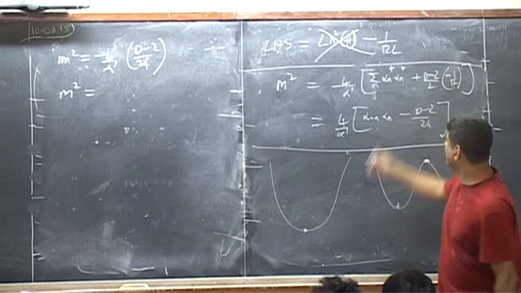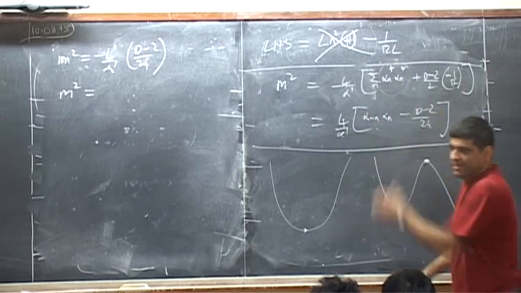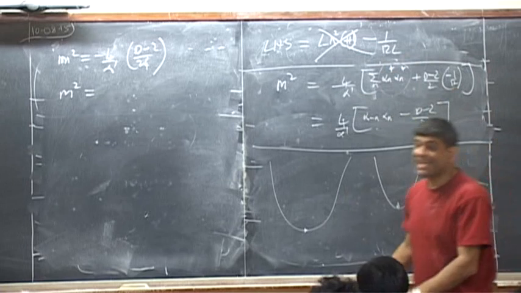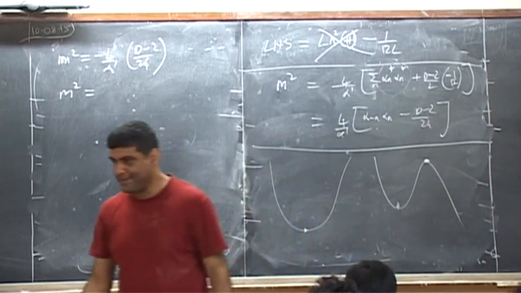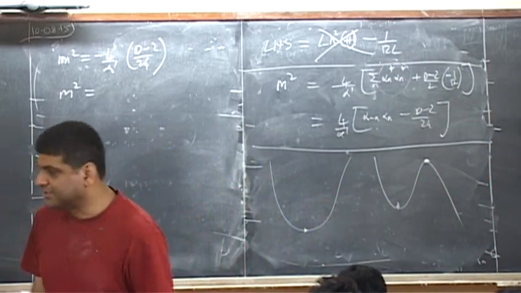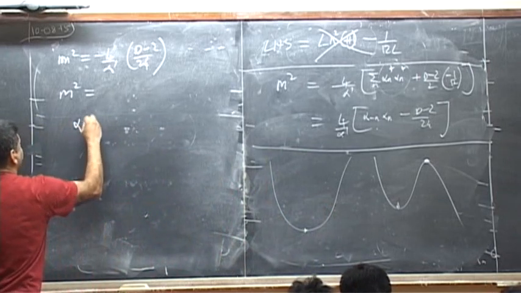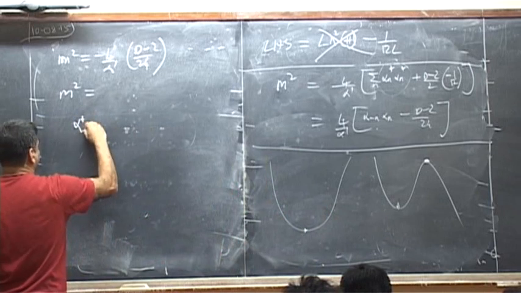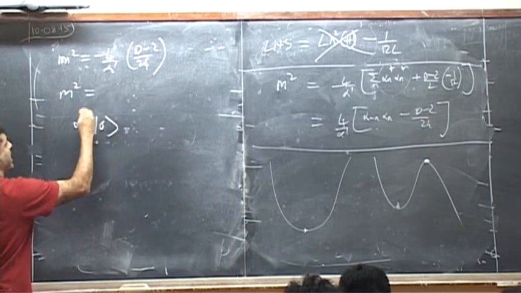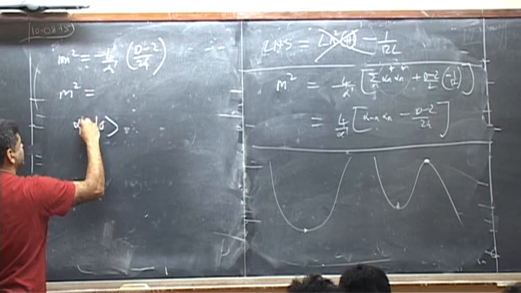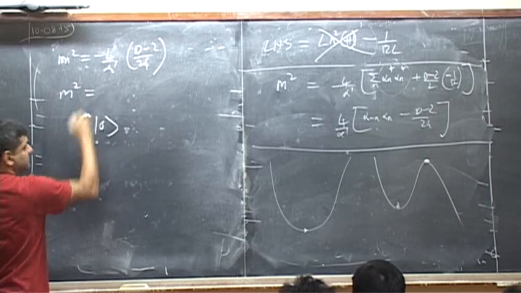Let's see other states. Let's call this the level. Other states at level 1: yes, there are states at level 1. You take the oscillators with energy 1. There are the states which are alpha minus 1, index i, on the vacuum, for right movers.